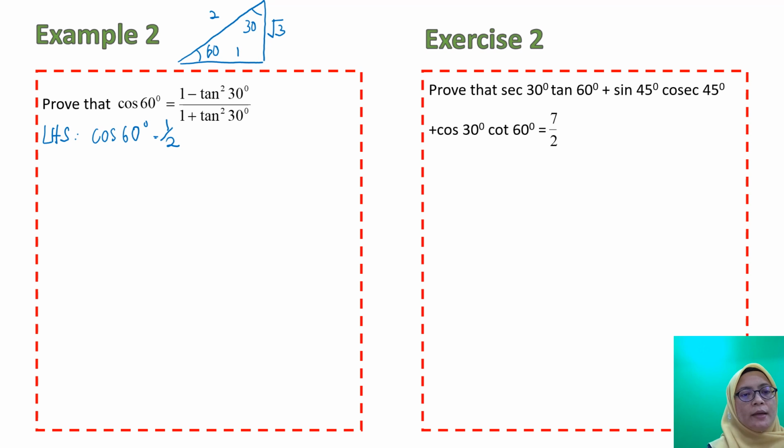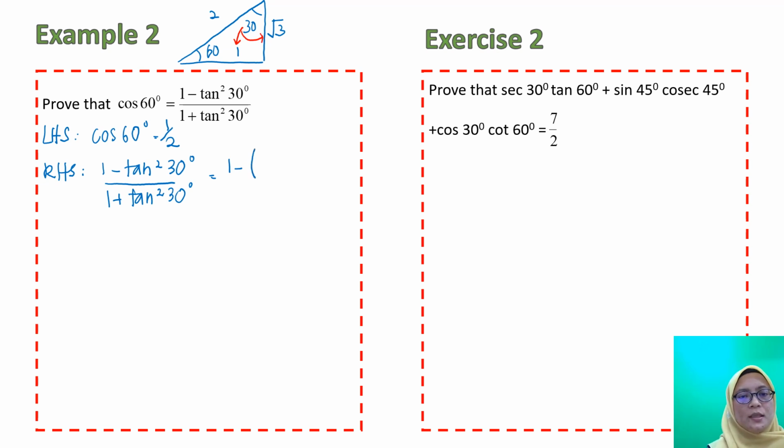Okay, so then right hand side. So 1 minus tangent square 30 over 1 plus tangent square 30. Okay, so then kita ganti tangent 30 tu nilai berapa? So tangent 30, so opposite over adjacent.